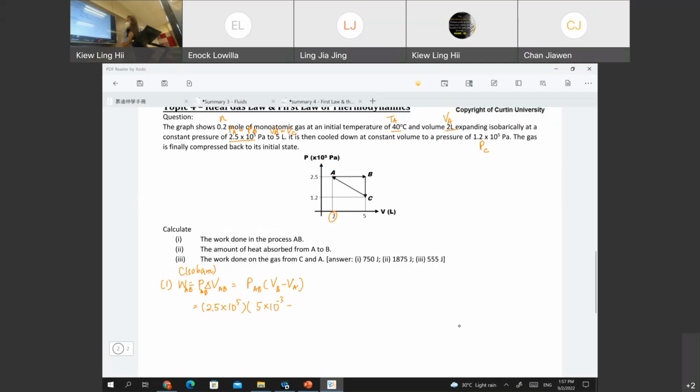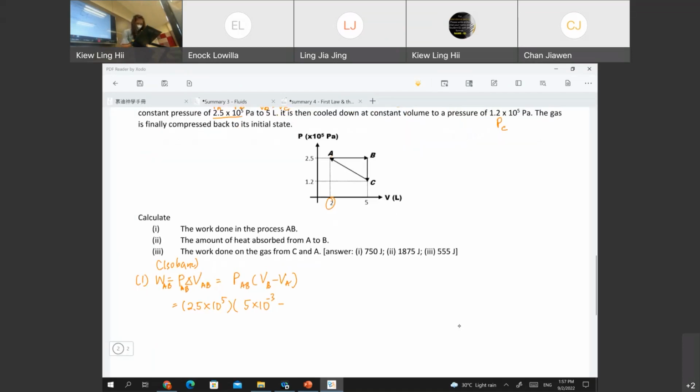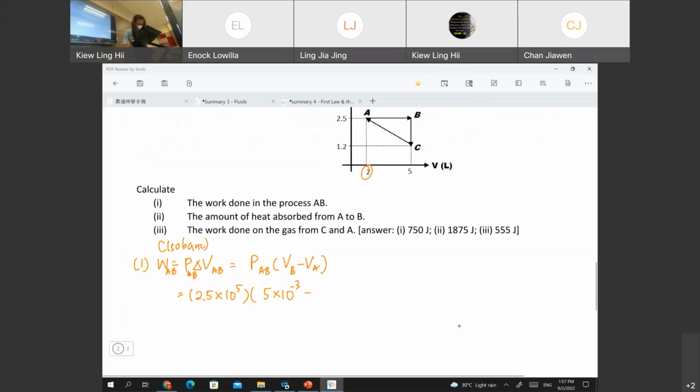VA is 2 liter, times 10 to the power of -3. So that gives 750 joule.